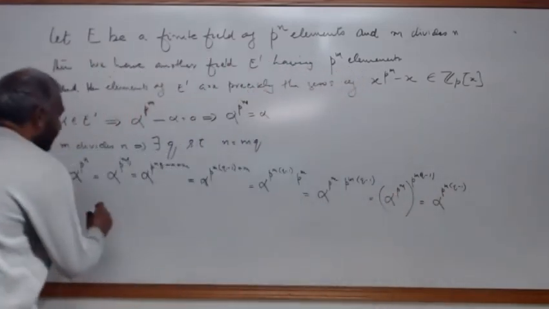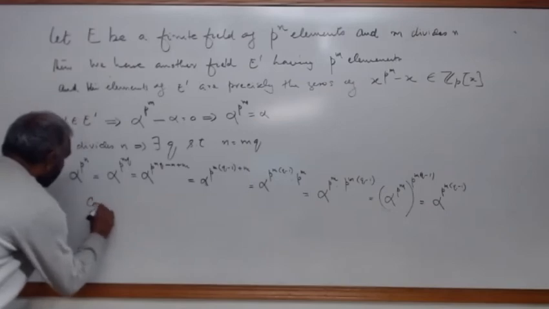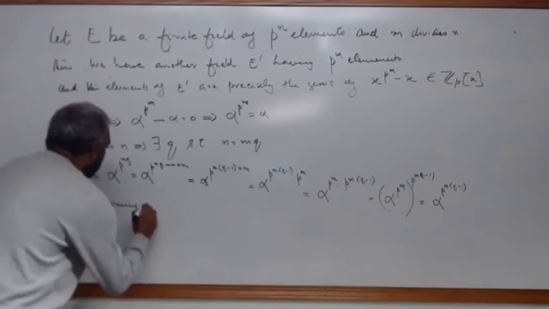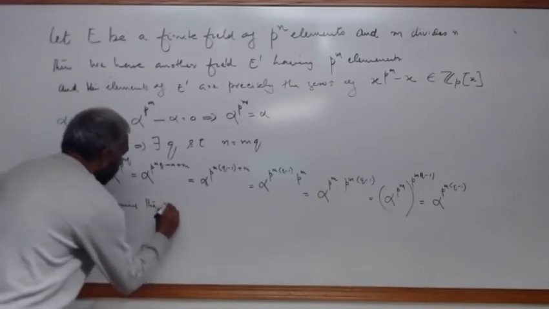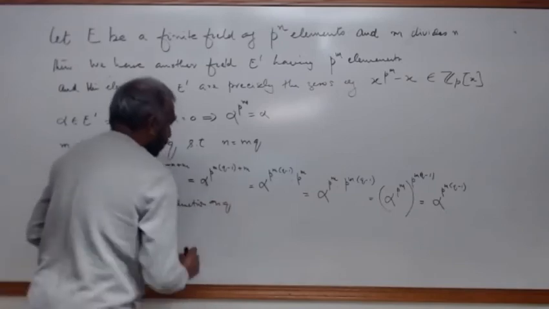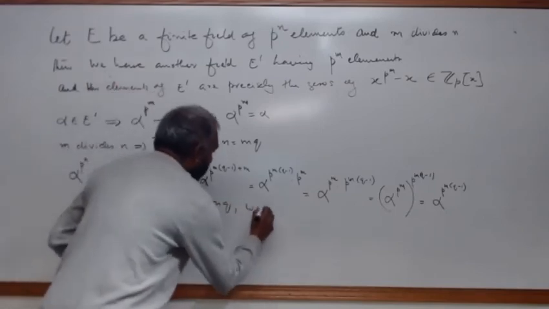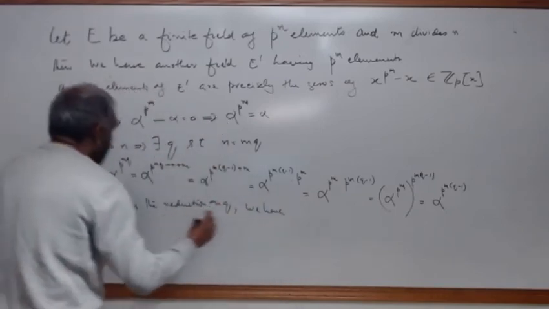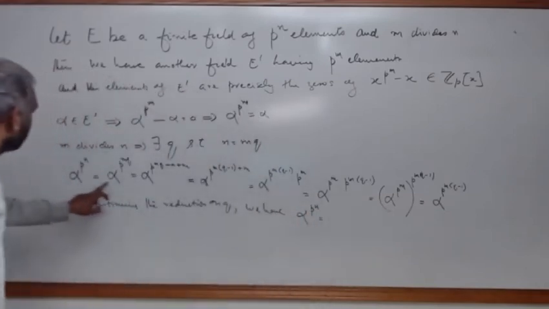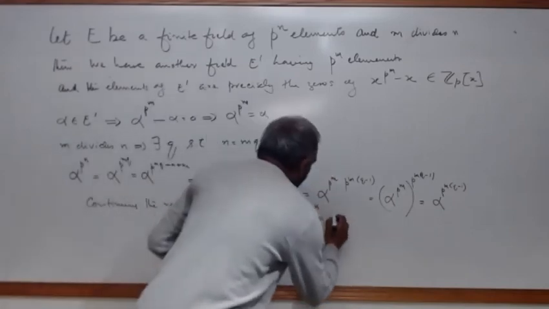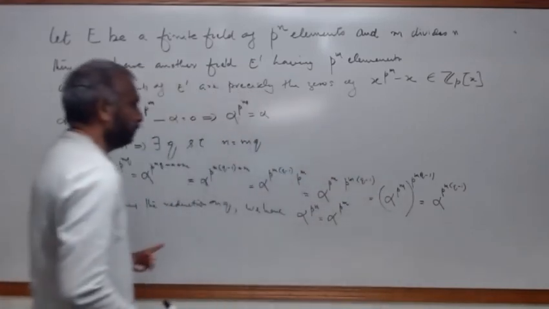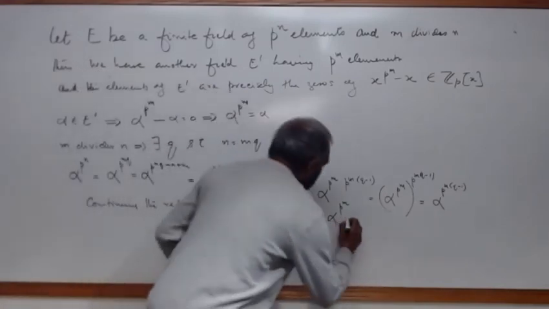So continuing this, continuing the reduction on q, we have alpha to the power of p to the power of n is equal to alpha to the power of p to the power of m, and that is equal to alpha.